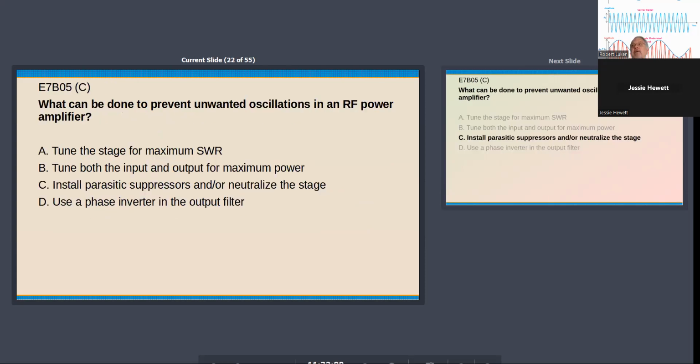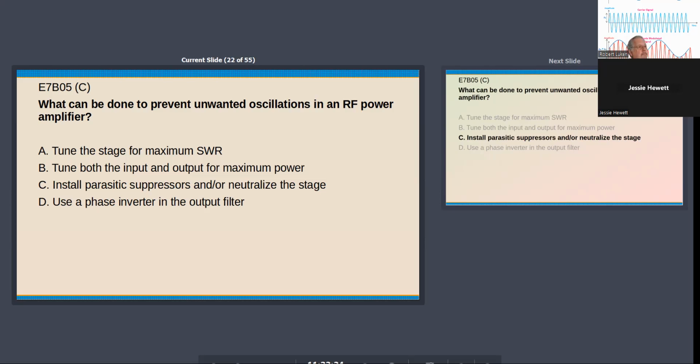So what can be done to prevent unwanted oscillations in an RF power amplifier? Let's see. So when you feed back the negative, you're calling that neutralizing? Yeah. You're neutralizing the oscillations from the positive feedback.